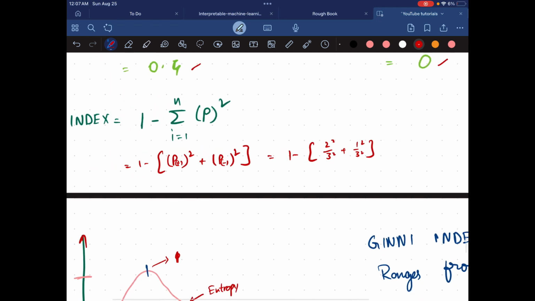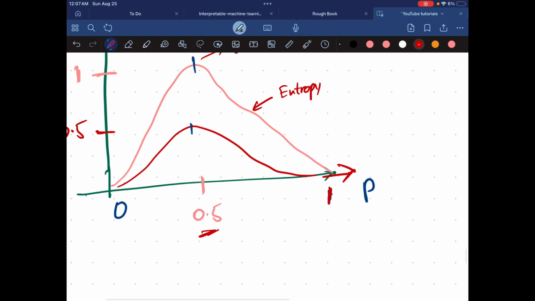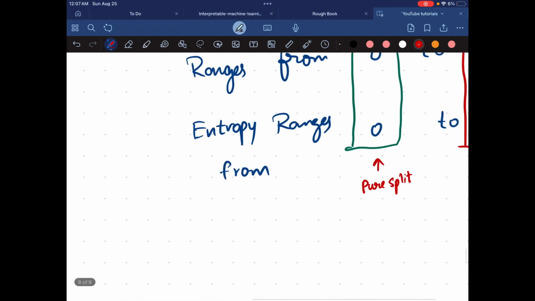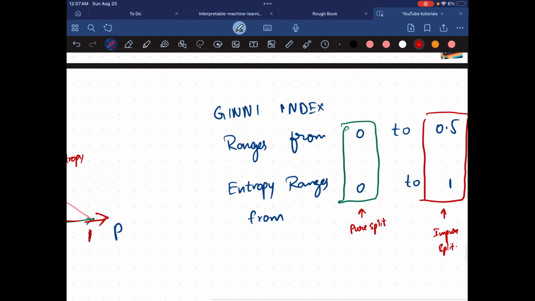But the Gini index is a bit different from entropy, I mean the range differs. The maximum value of Gini index is 0.5, that's to be noted, while entropy is 1, the same concept. If the Gini index value is 0, then it is said to be a pure split. If it is 0.5, it is called an impure split.